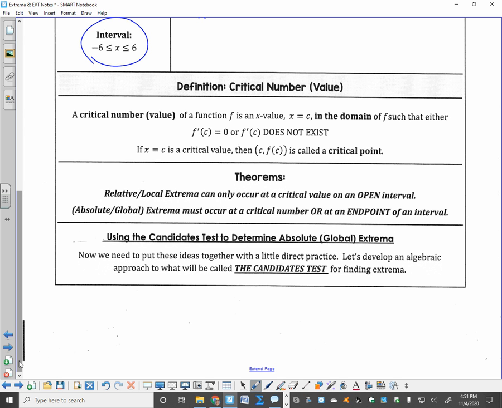Okay? Or where f prime doesn't exist. And that's to include the cusps and the sharp turns. Because I can have a critical value at a sharp turn. So think about the absolute value graph. It's a V. So at that vertex, that is a minimum value. If that V opens up, that's a minimum value.